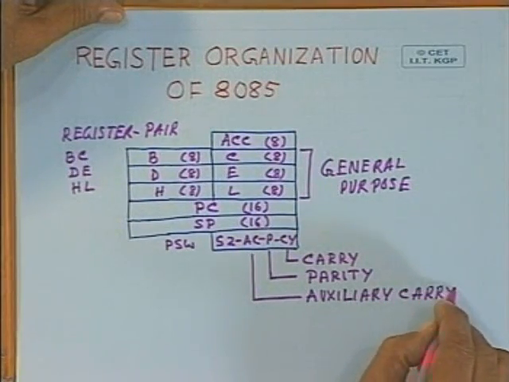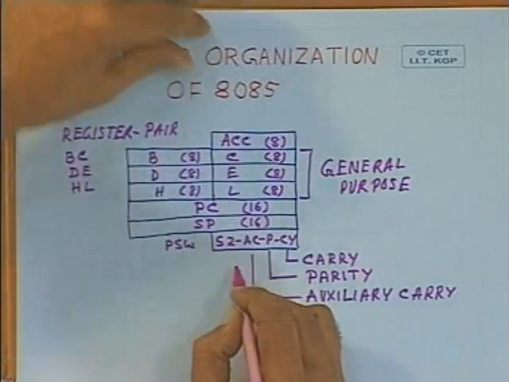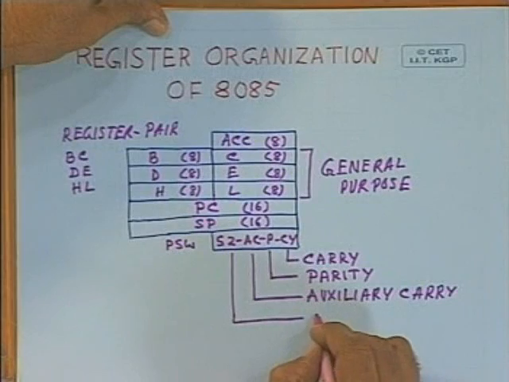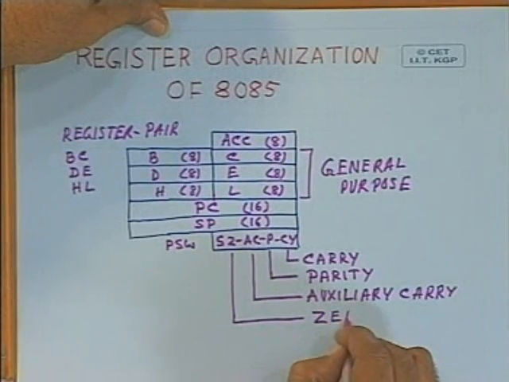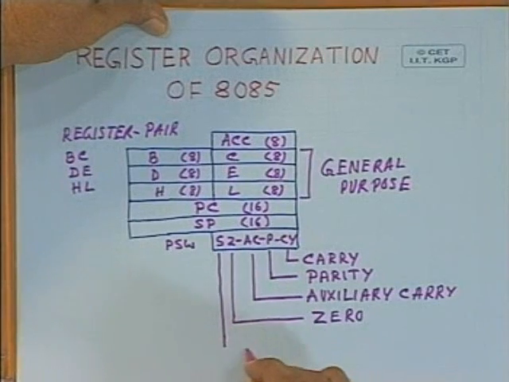Sometimes you have to implement processing of 4-bit data. So whether a carry is coming out from the fourth bit, that means bits 0, 1, 2 and 3, is reflected in this auxiliary carry flag bit. And then you have Z, which shows whether the result is 0 or not, and S stands for sign.